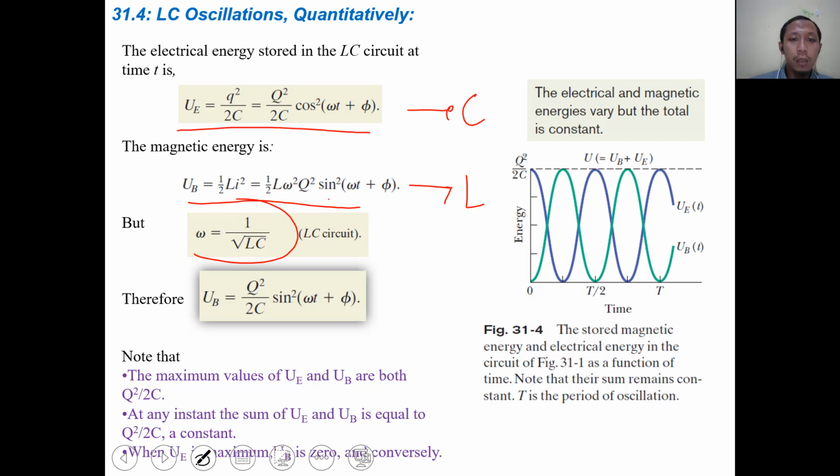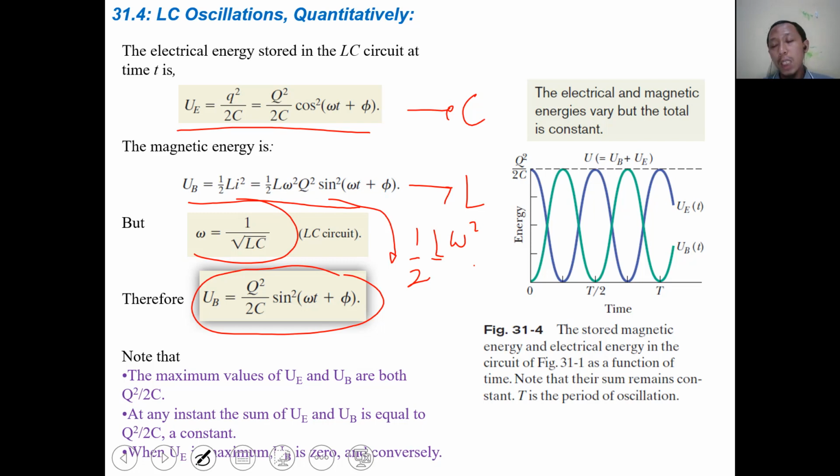From this one, it is a half of L omega squared. So we can make another expression: rather than using omega, we can transfer it to Q squared over 2C, so we can get U_B like this one.